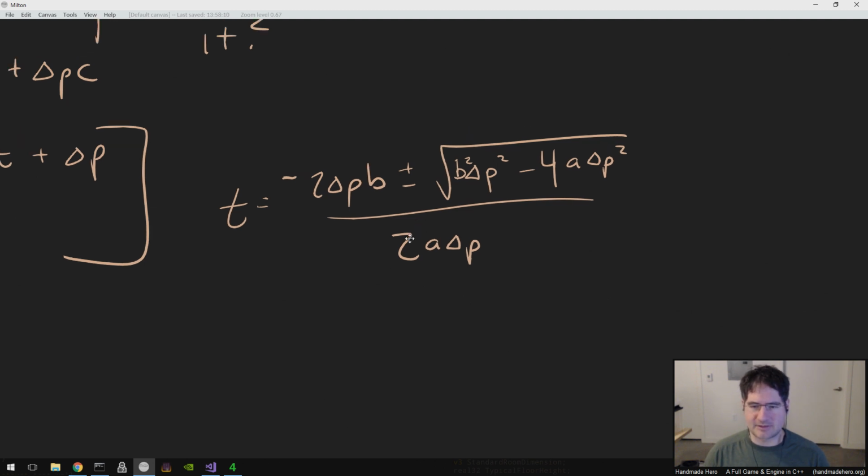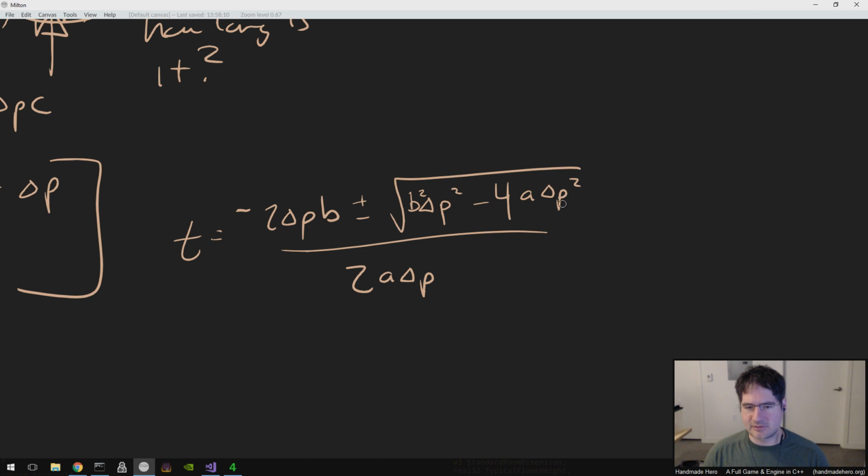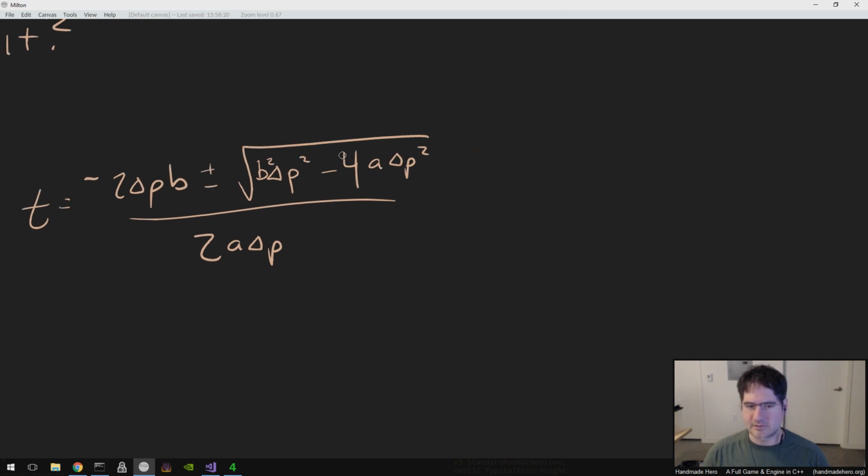Now, there are some nice aspects of it. Since there's a delta p squared in here, that actually would pull out of the root term, I believe, because inside there, what you're actually left with is delta p squared times b squared minus 4a. And so the square root of that should distribute just fine, right?